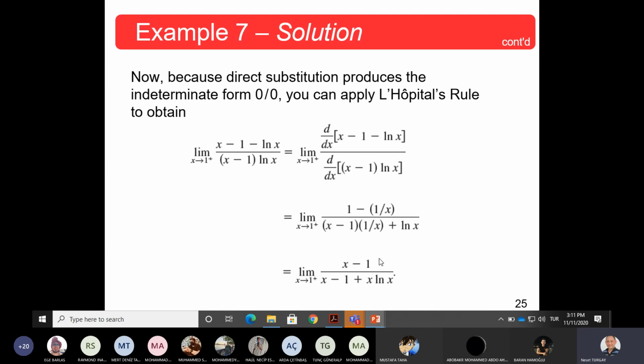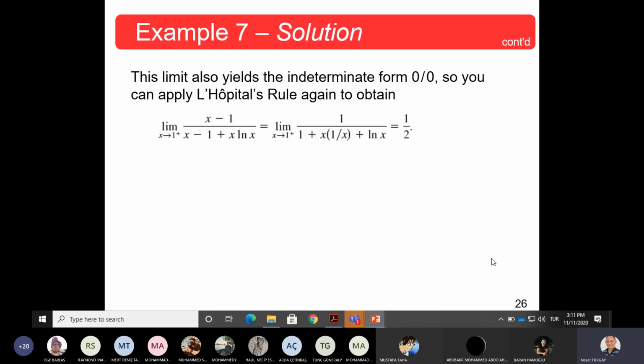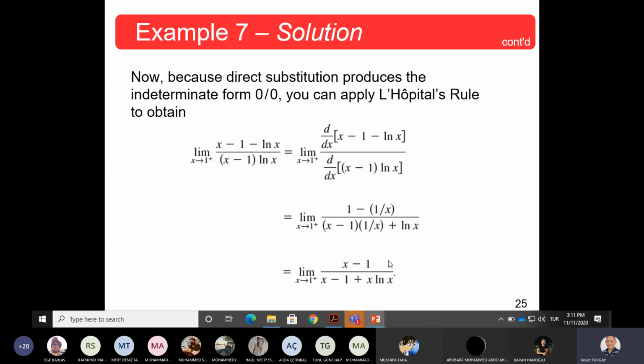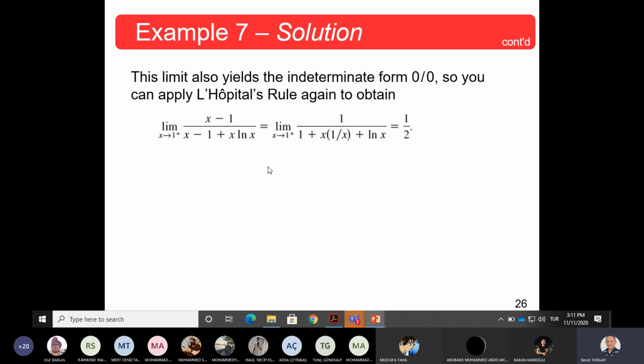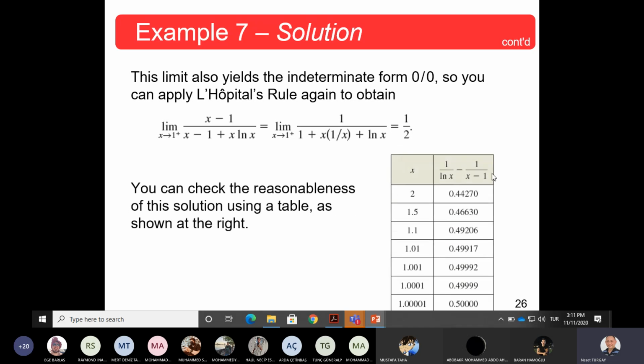Here also similar things come, so the denominator simplifies and so on. After that, this turns to this one. You can do this calculation yourself and see that you should get this. After that, when you send x to 1, you see that this is again 0 over 0, and then apply L'Hopital again and you find the final answer. Just skip this table, we don't want that table.